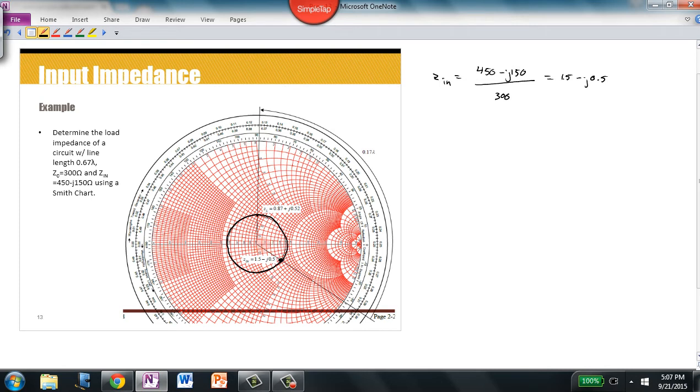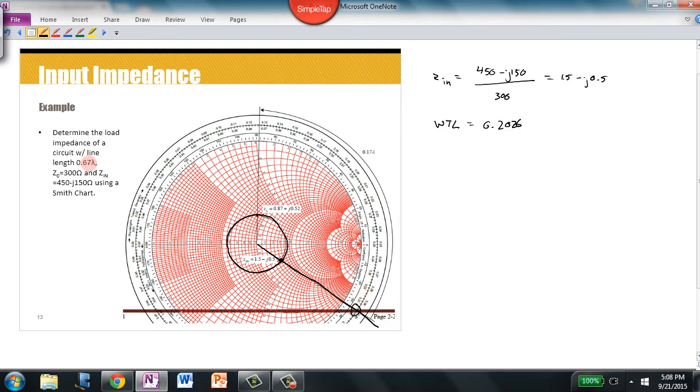Then I draw a line from the center of the Smith chart passing through the normalized input impedance point, and I go all the way out through the Smith chart. What I look for is this intersection right there, and I read the inner side of that scale, and I write down what the wavelengths towards the load is. In this case, if you're following along, 0.2026 is the value that I'm reading from right there.